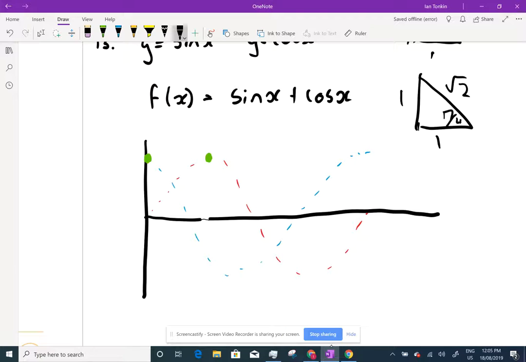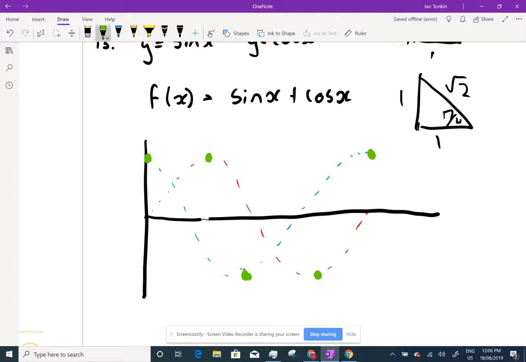Now, here, this is going to be 0 and negative 1. I haven't really drawn it well to scale. Here, this is going to be 0 and negative 1, so it's going to be there. And here, it's going to be there.